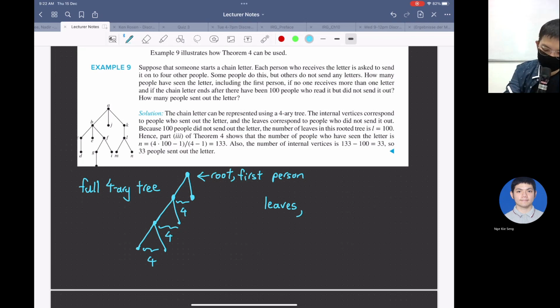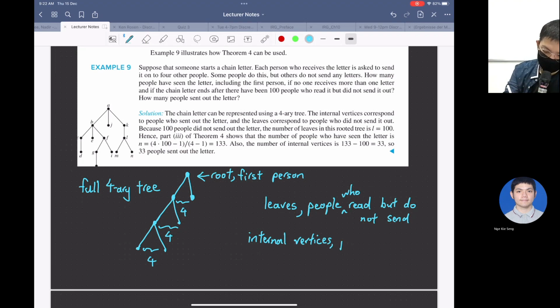So leaves are the people that read it but didn't send it. And then internal vertices are the people who read and send.